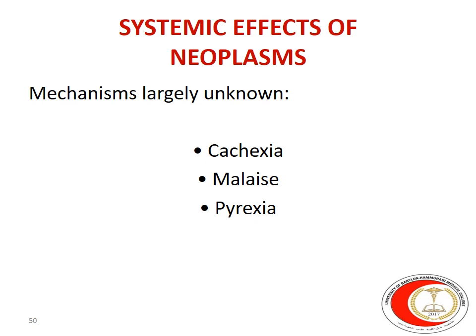The mechanism by which cachexia develops is unknown. Other systemic manifestations are malaise, which is a feeling of general discomfort or uneasiness, pyrexia, and fever. The mechanisms of these systemic effects are largely unknown till now.